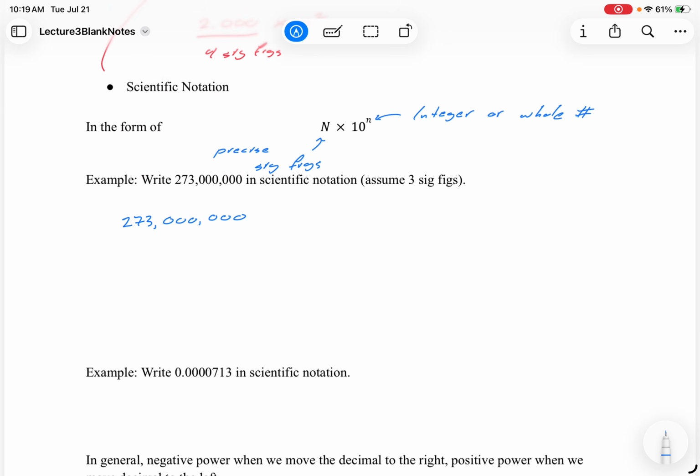In order to do this, you want to start here. Just imagine a decimal place right there, and you're going to count 1, 2, 3, 4, 5, 6, 7, 8. You're going to want to write it in this format, like a 2.73.